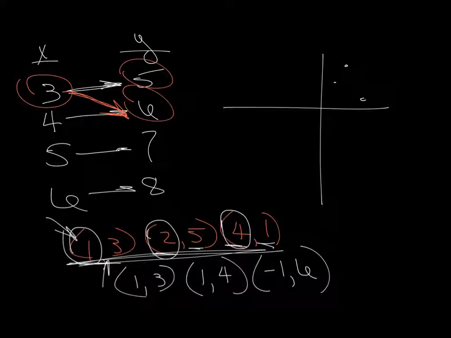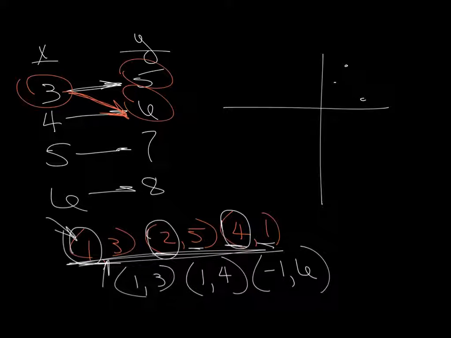Notice how the 3 shows up in the x position twice. The first set of numbers and the second set of numbers. That means it's not a function. You cannot have an x value that repeats itself. Y values can repeat themselves all they want, but x values cannot repeat themselves.